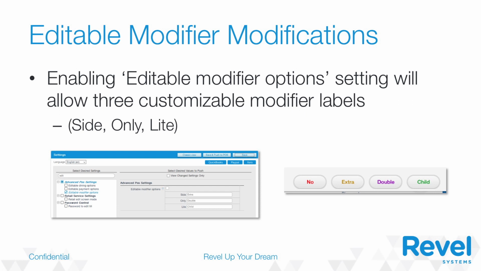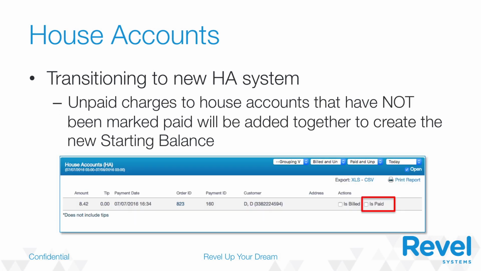If you go into advanced settings and look at editable modifier options, you can actually edit side, only, and light to whatever you want in those empty fields you see there. So for example, instead of those three, we've changed it to extra, if you wanted extra of something, double, if you wanted double meat on your sandwich, and then there's child, in case this is a child size item and you just wanted to modify it for that particular food item.